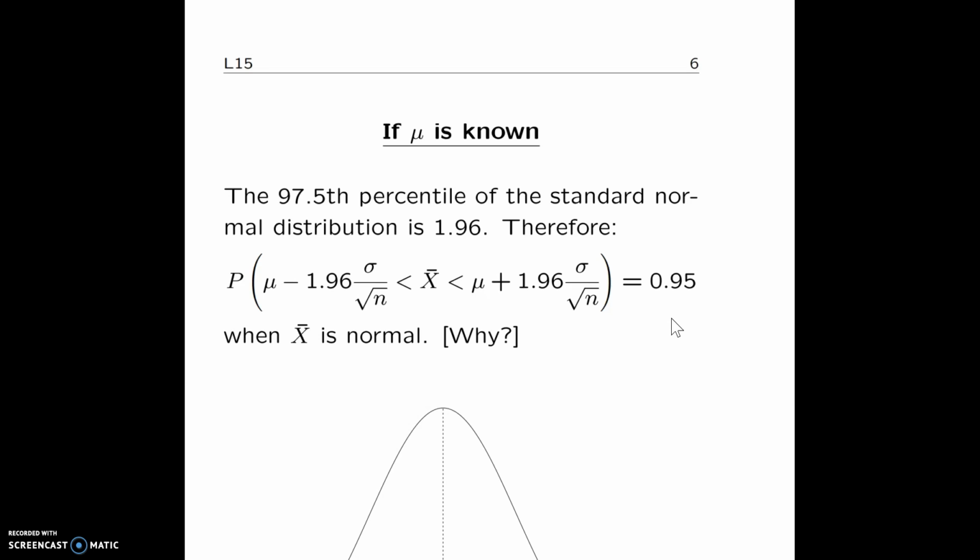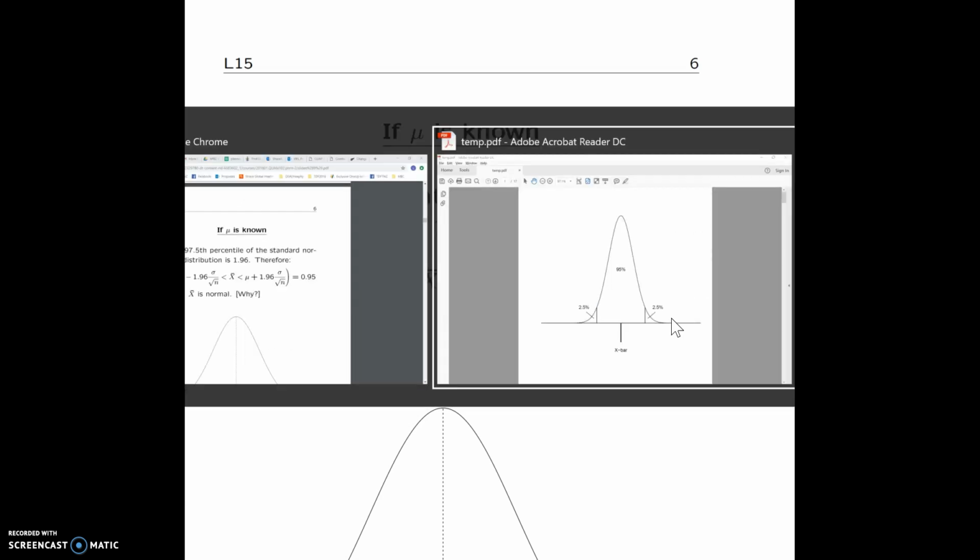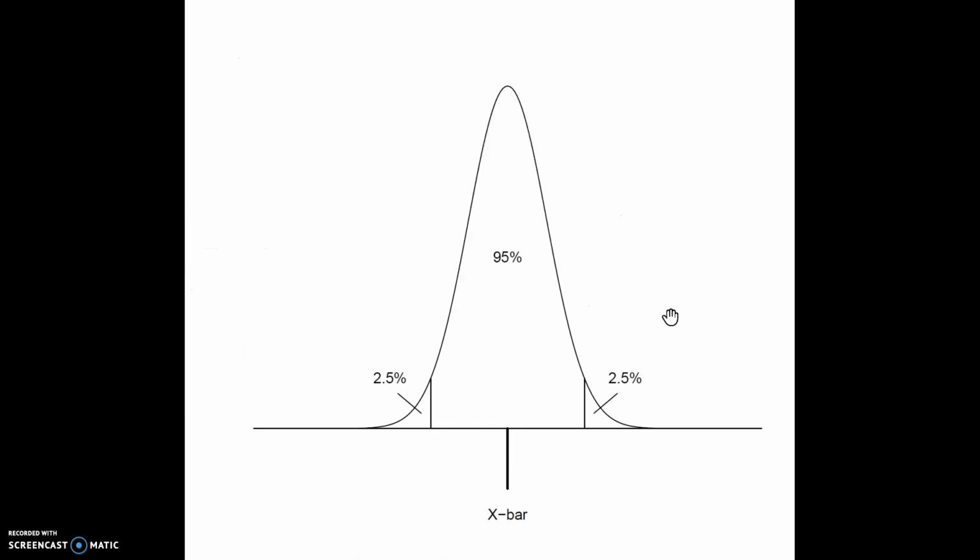Obviously with confidence intervals, we flip the focus and we're trying to find a likely range for the population parameter mu. And so let me change to this image, and what I'm doing is identifying where the sample mean is.